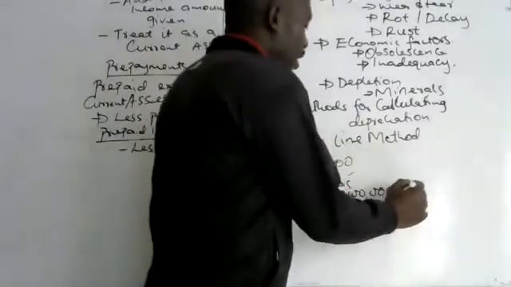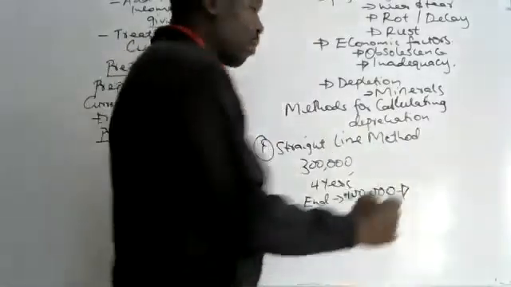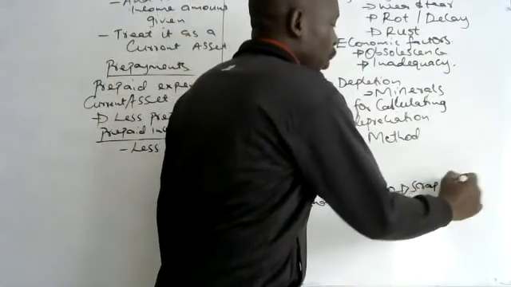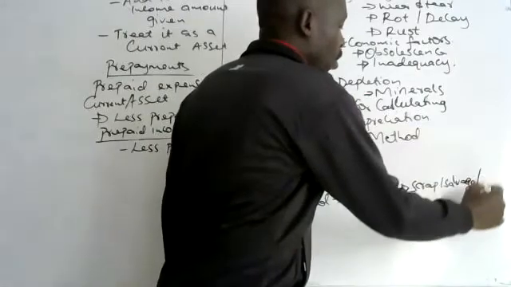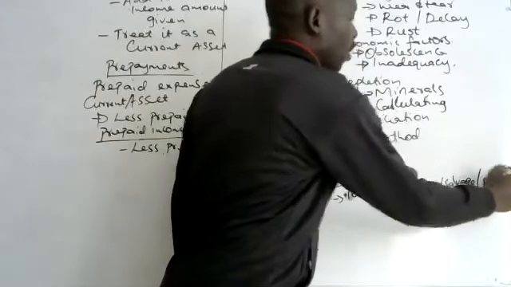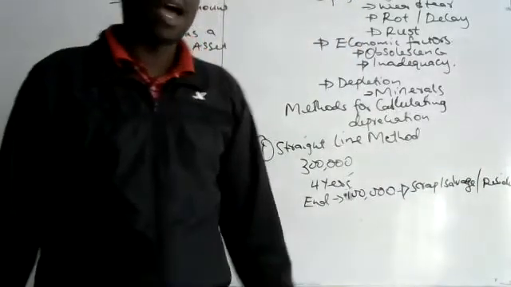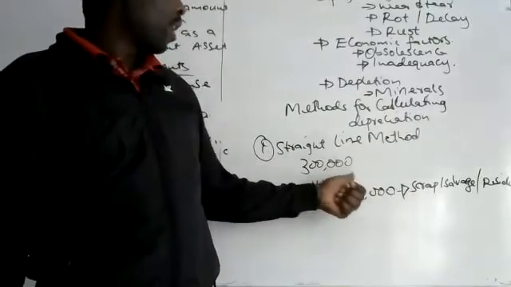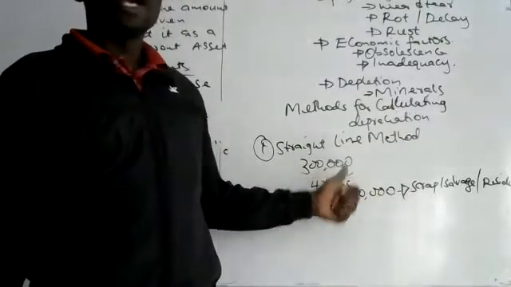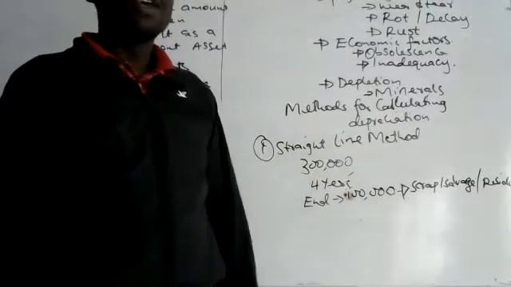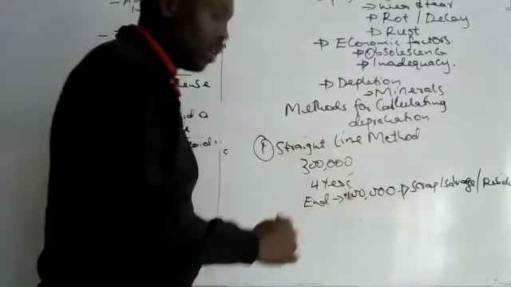The value at the end of the useful life, we normally call the scrap or salvage or residue value. The value after the end of the useful years. So if it had an initial value of 300,000, but at the end of the useful life of 4 years, it has 100,000, then it has lost 200,000.